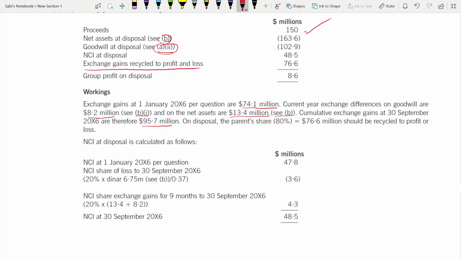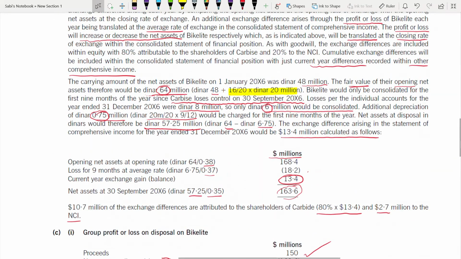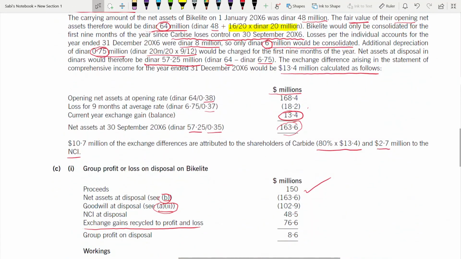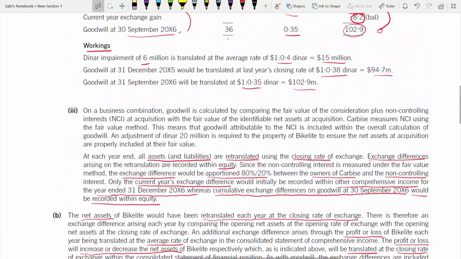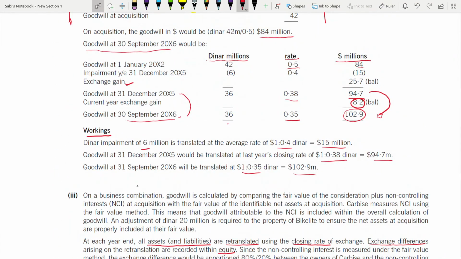Okay, let's read. See 8.2, current year exchange gain 8.2. And the cumulative is how much? 94.7.